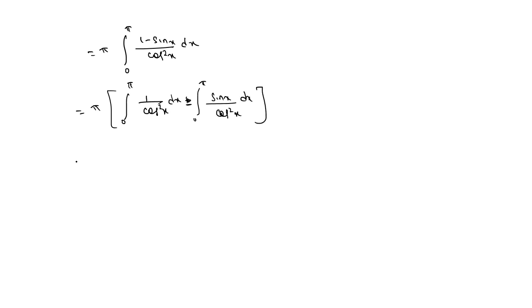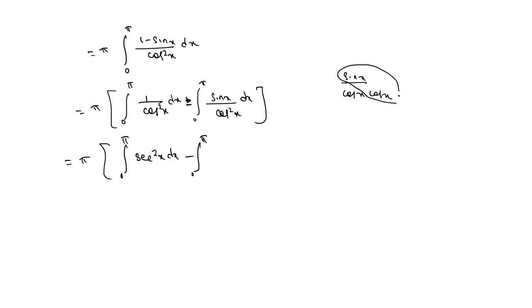Now 1 by cos square x is sec square x. So minus 0 to pi, and this is written as sin x by cos x into cos x, since cos square x means cos x into cos x.